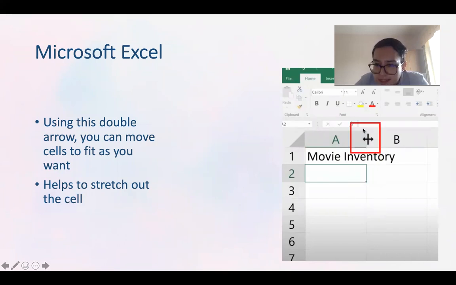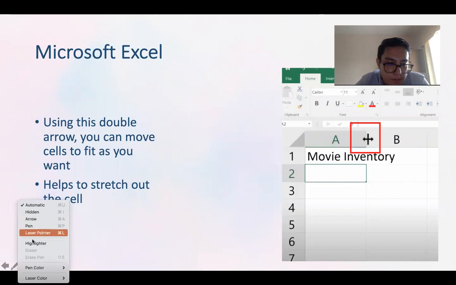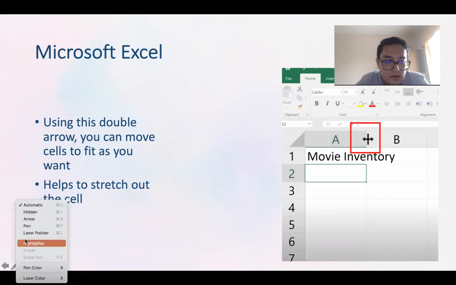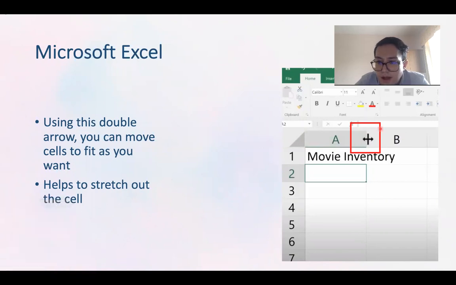This double arrow can help you to extend a cell. For example, you write down movie inventory and you can see it spills over to the next cell on the right. So maybe you don't want that to happen.